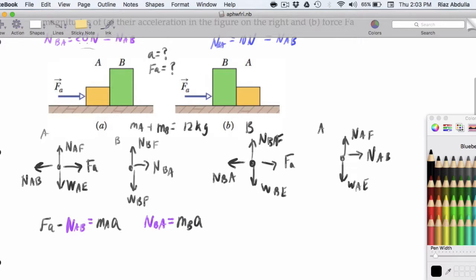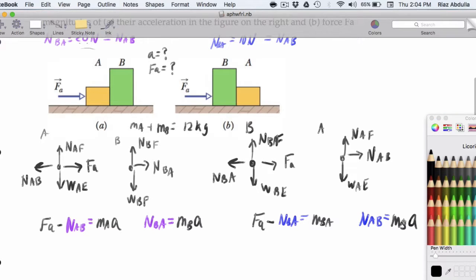So here I can write the applied force minus N on B due to A equals mass of B times its acceleration.